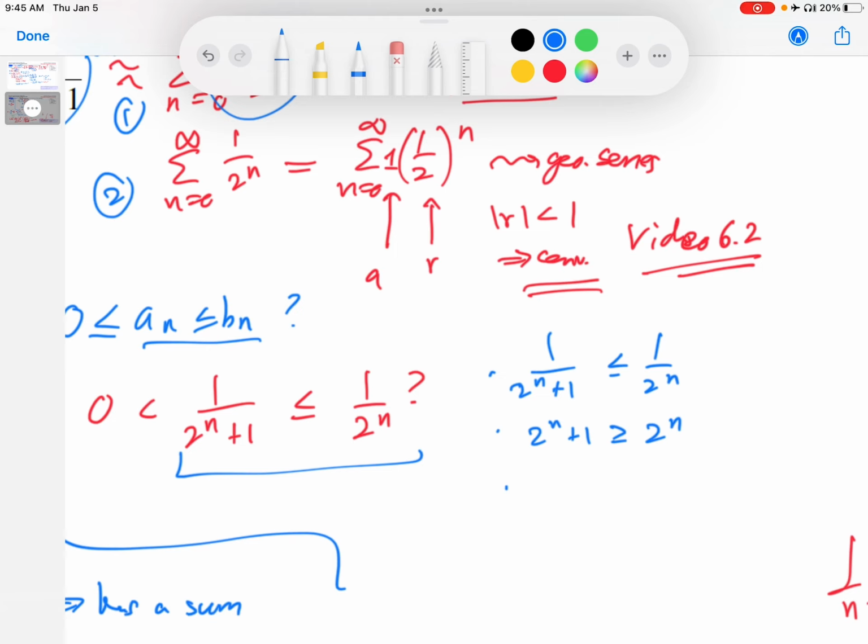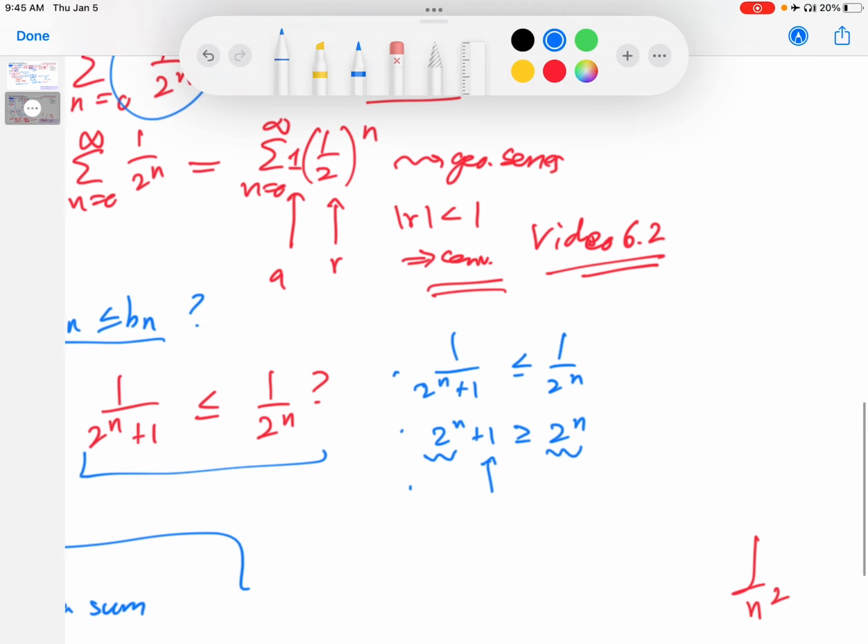Really, at this point, we figure this is the same thing that's over here, except the left-hand side has a plus 1. So it's always going to be bigger. It's like saying, x plus 1 is bigger than or equal to x. It's actually always bigger. It's 1 more, right? So we've done what we did before. We reduced what we want to show to something that we know, right?